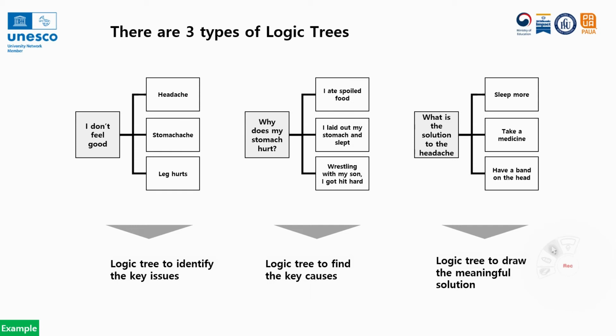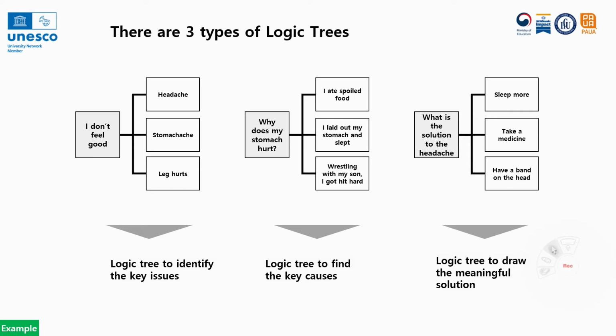If there are symptoms in the area of the head, that's different from your ache in the stomach, and also different from your trouble in the area of the leg. So in that sense, those three issues are mutually exclusive, right?